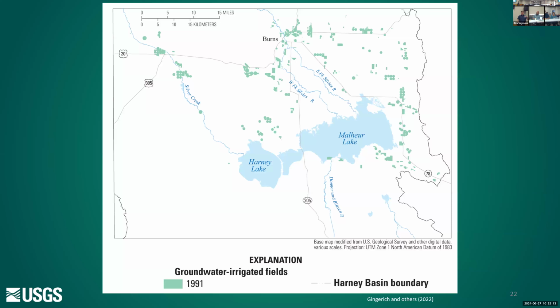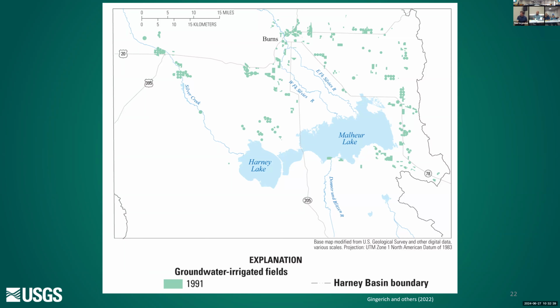And so we have the time series, but we also need to know where to put that pumpage in the model, where it happens. So we also have a map coverage of all the wells through that same time period. This is just an example showing the groundwater irrigated fields in 1991, not too many.